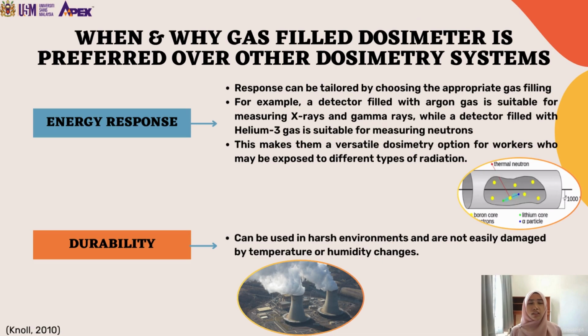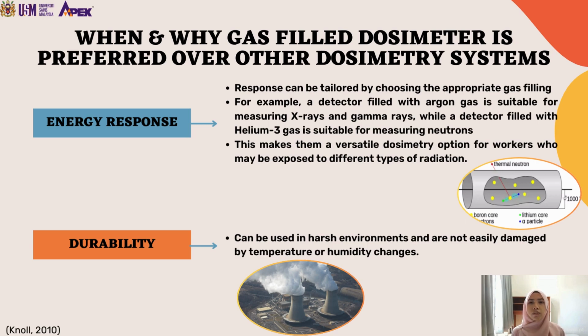Furthermore, unlike other detectors with a fixed response, gas-filled dosimeters can be tailored to specific radiation energies. By carefully choosing the gas filling, they can be customized to measure various radiations, such as a detector filled with argon gas is suitable for measuring X-rays and gamma rays, while a detector filled with helium-3 gas is suitable for measuring neutrons.